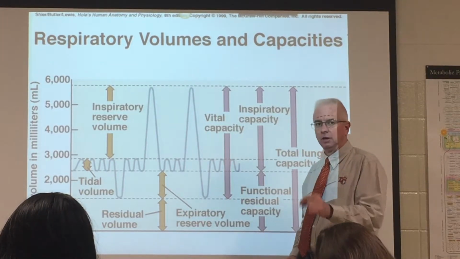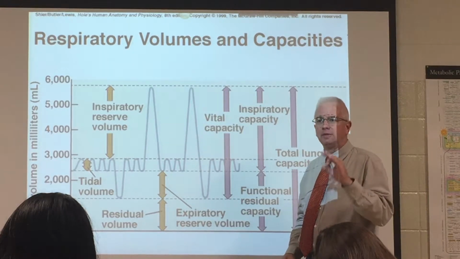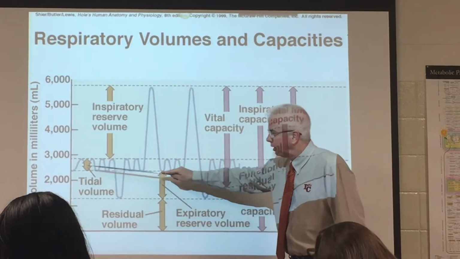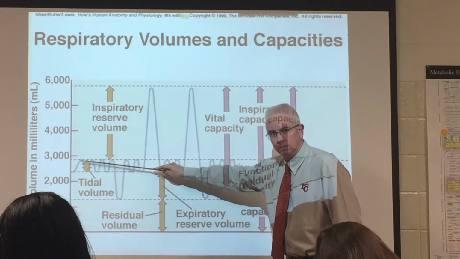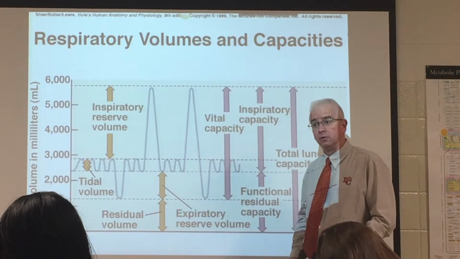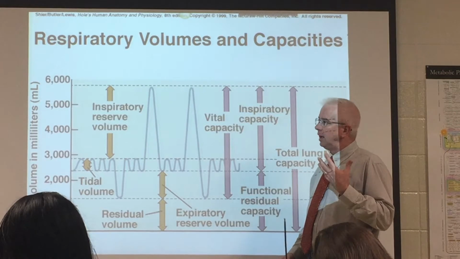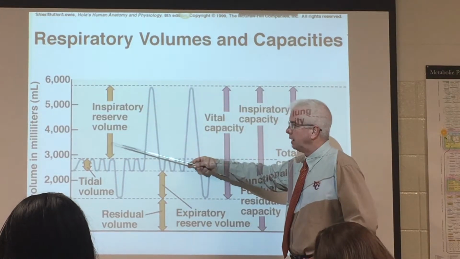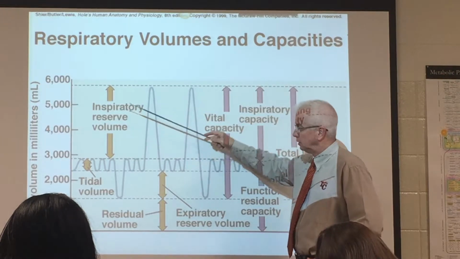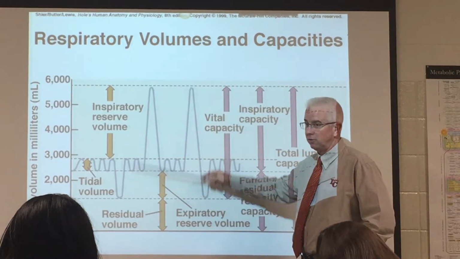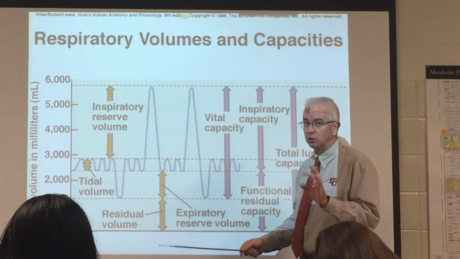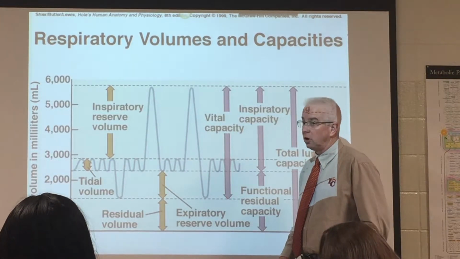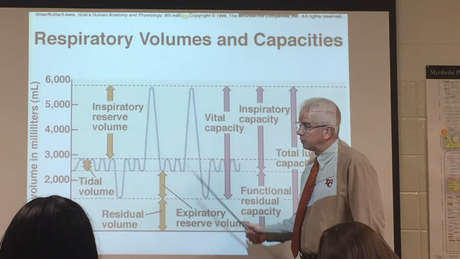Here's the definition. Inspiratory reserve volume is the amount of air that can be inspired after a tidal volume inspiration. So that's why we call it the reserve. It's how much room you have left after a normal inspiration, the inspiratory reserve volume. And it is a large number. So of all the volumes we're going to measure, of all the volumes we're going to see here, functional volumes, you can see here that the inspiratory reserve is the largest, second only to the vital capacity.